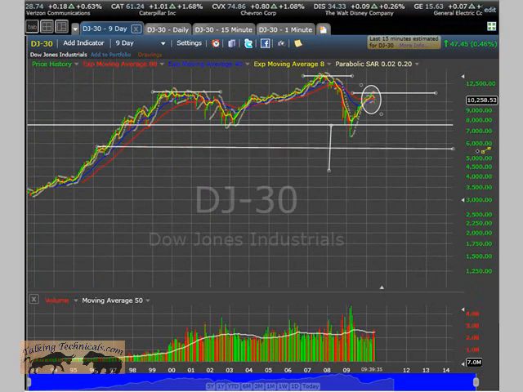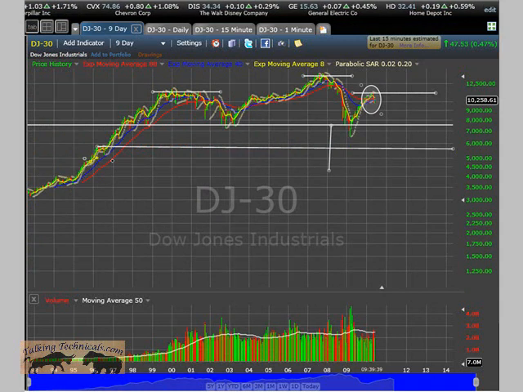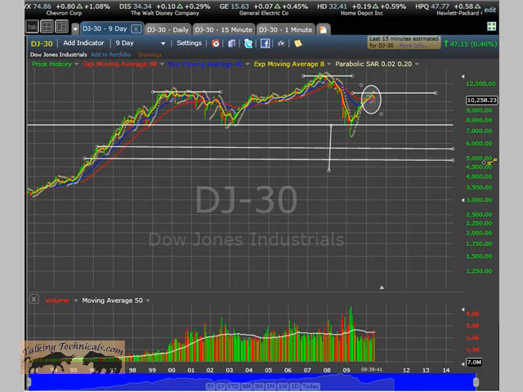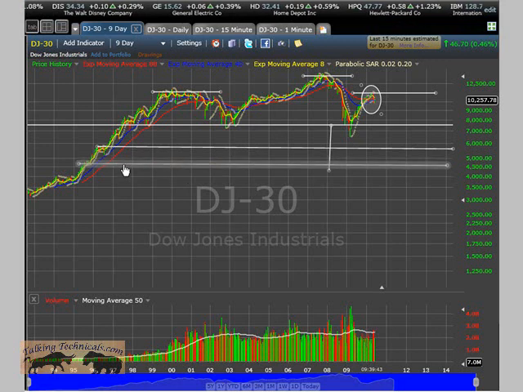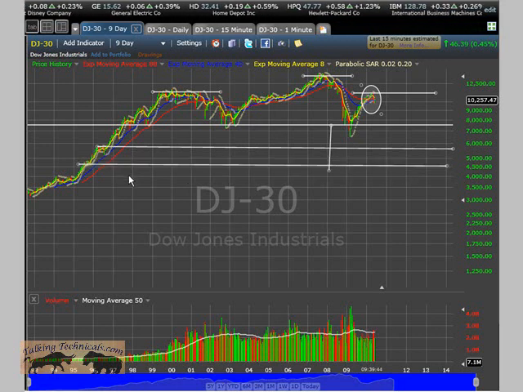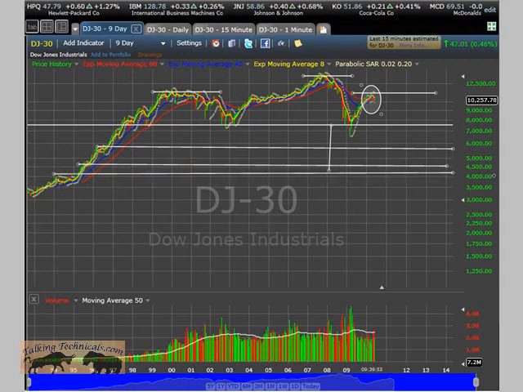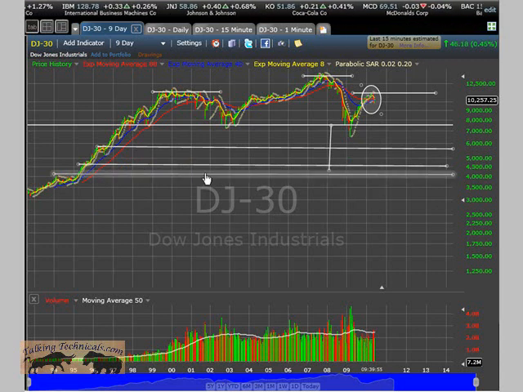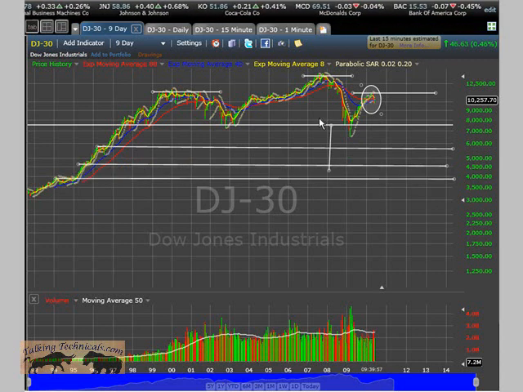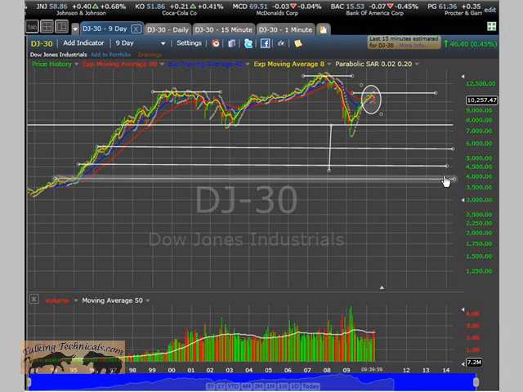Here's a support level just below 6,000, and then here's a support level near 4,500. The main support level that I'm looking at here is the 4,000 mark, pretty much exactly, and that's basically where the measured move is taking us down to, this 4,000 level.